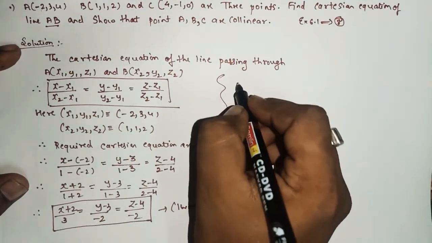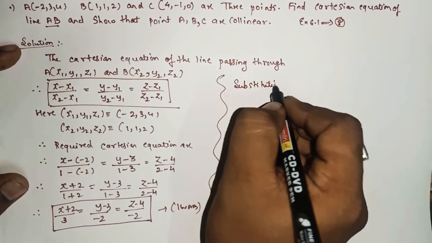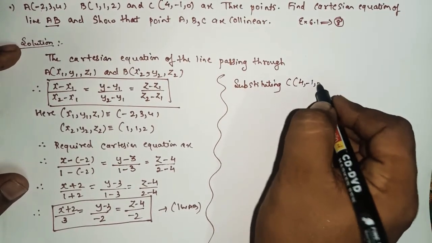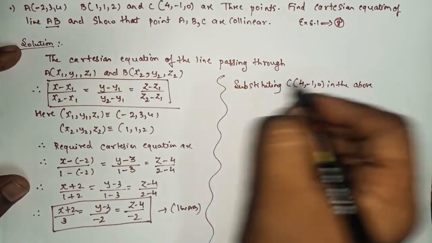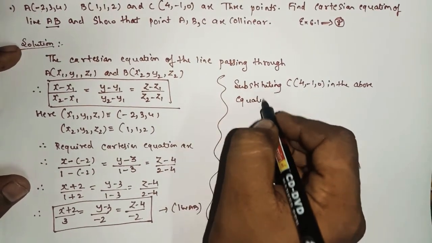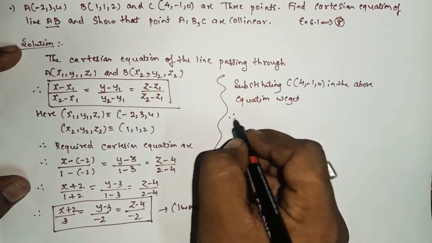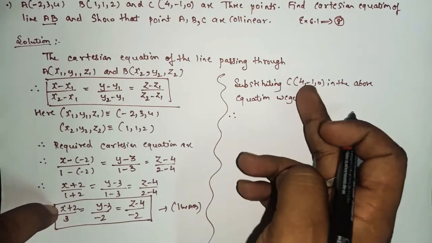So now substituting the third point in the above equation, we get here, x is what? Simply you have to substitute the point.